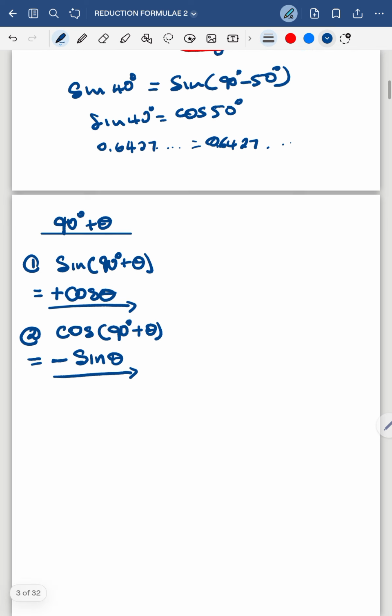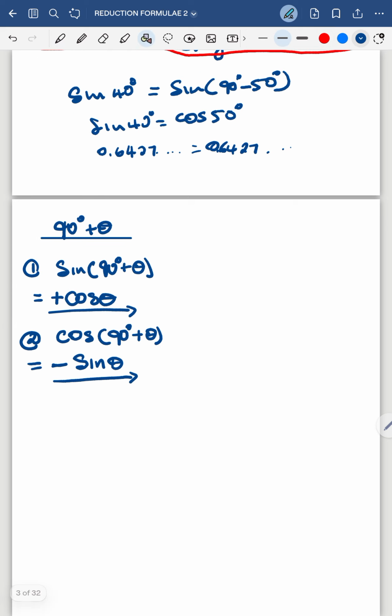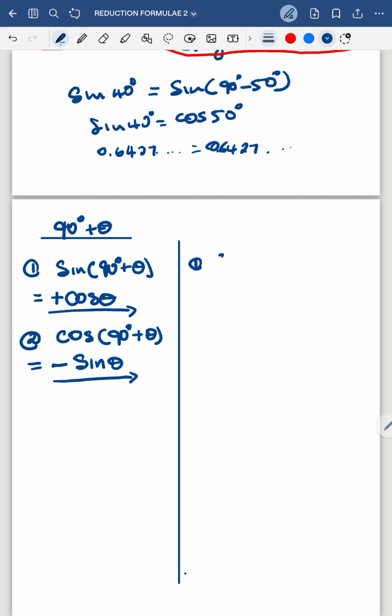So let's prove now whether this is correct or not. We're going to prove it if we get the same numbers on both sides. It's still going to be the same thing, guys.